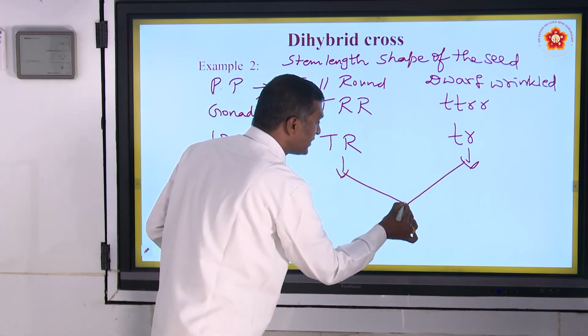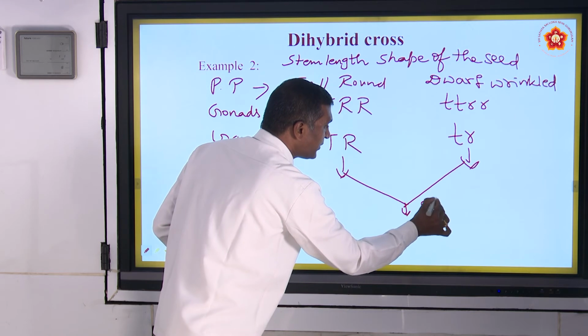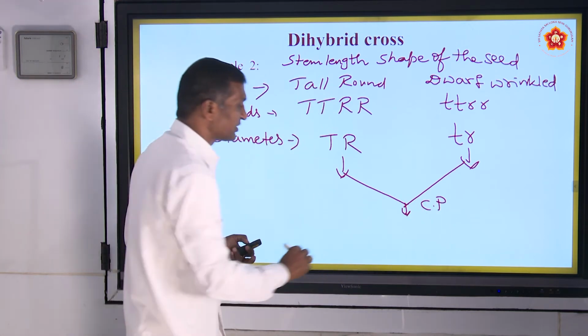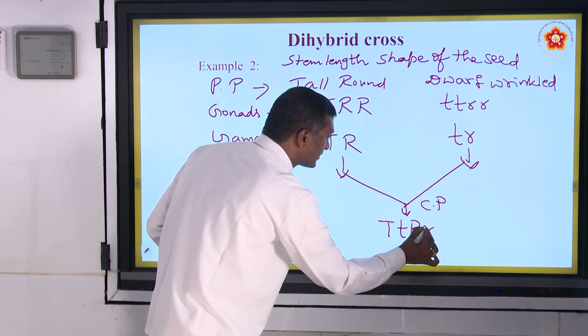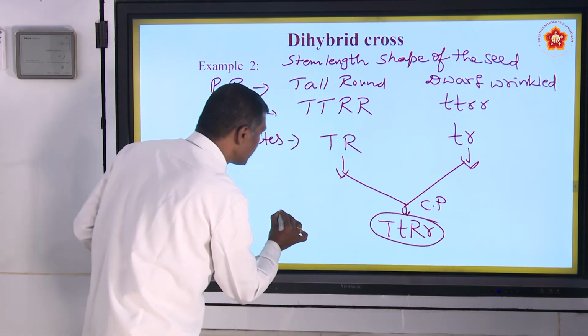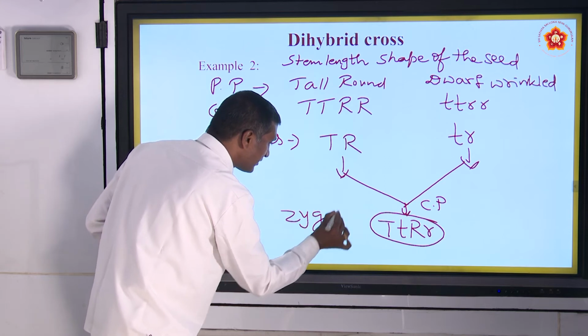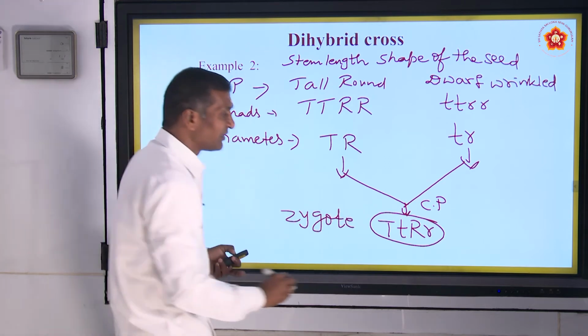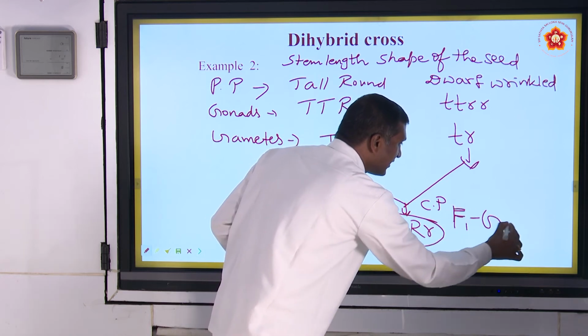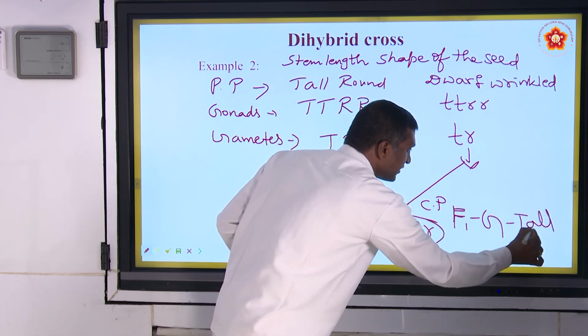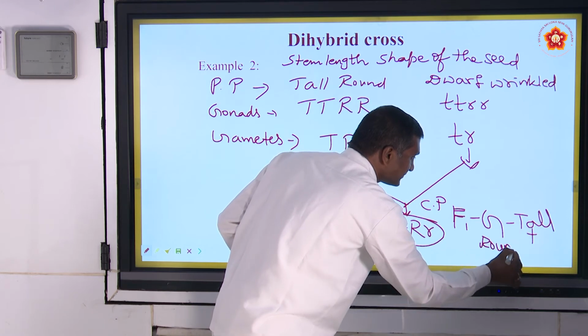So the cross pollination, CP, I mentioned, and we just combine capital T, small t, capital R, small r. This is nothing but the zygote that is being formed, and this is F1G, where in the F1 generation we had all tall plants with round seeds.